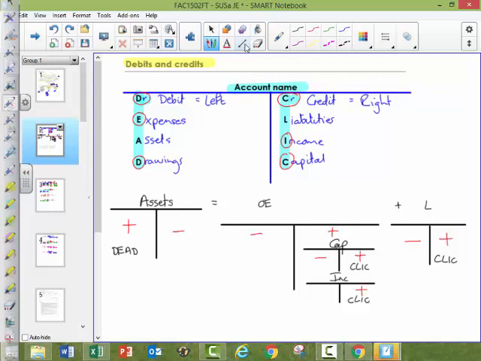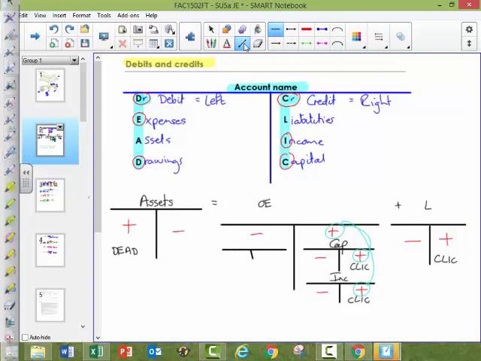To add to income, or to make income bigger, you will credit it. To make it smaller, you will debit it. More capital, more income has the effect of increasing owner's equity. So far, more is more and less is less. The only two that are the opposite way around: the opposite of capital is drawings.